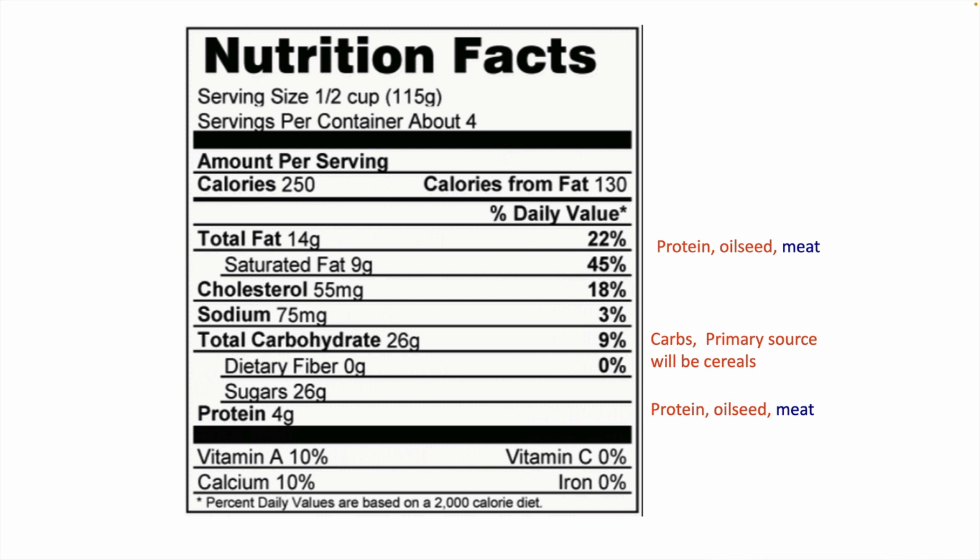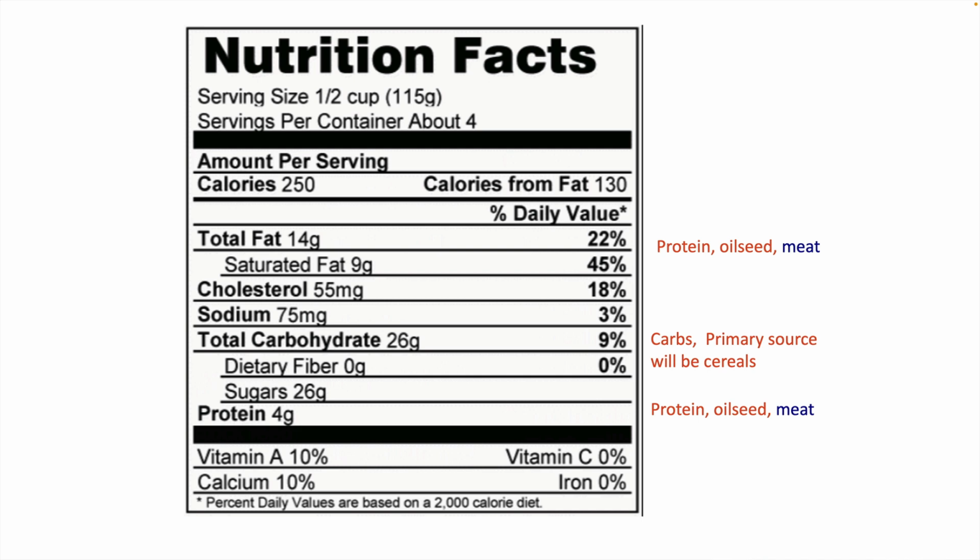If you again go back to our food label, if we look at total fat, total carbohydrates, and proteins, we get our fats from oil seeds, which provide protein. Soybeans provide not only protein, but they also provide margarine and other oils that are primarily fat.